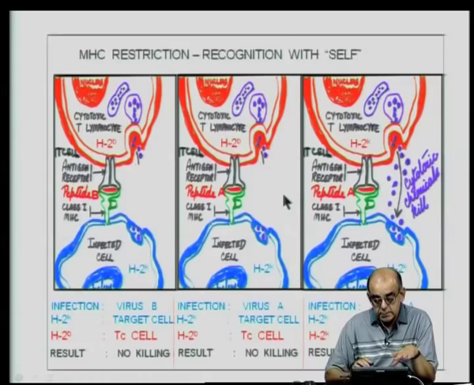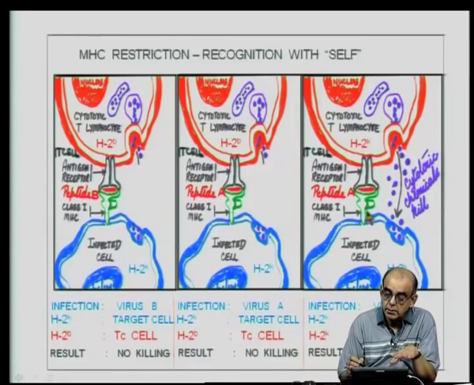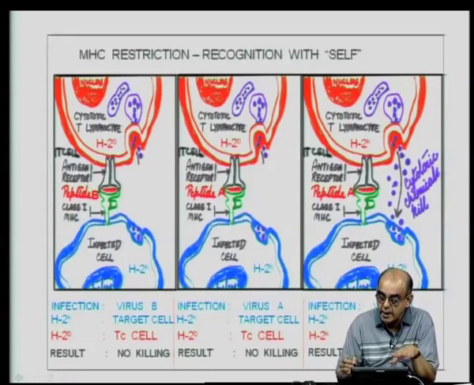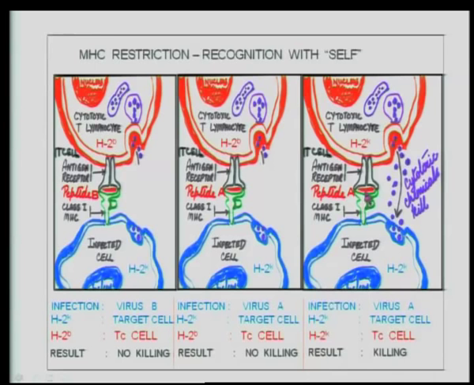So, this is just to show you how the self is very important for recognition. If you have the same haplotype bearing self cells recognizing an infected viral antigen, then there is a killing. If there is no match within the MHC, then there is no killing.